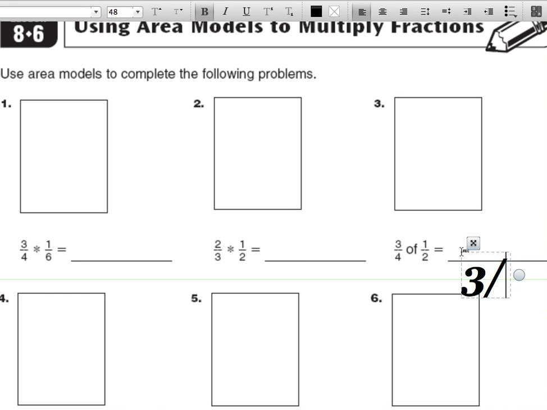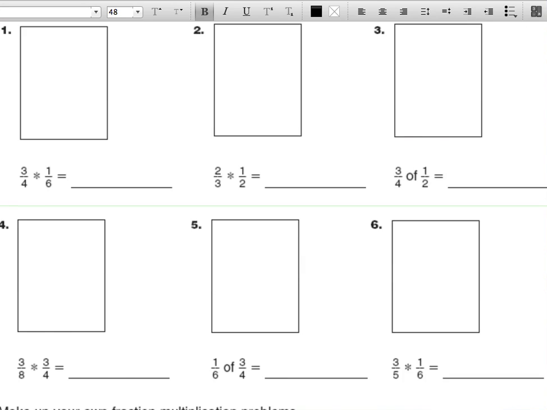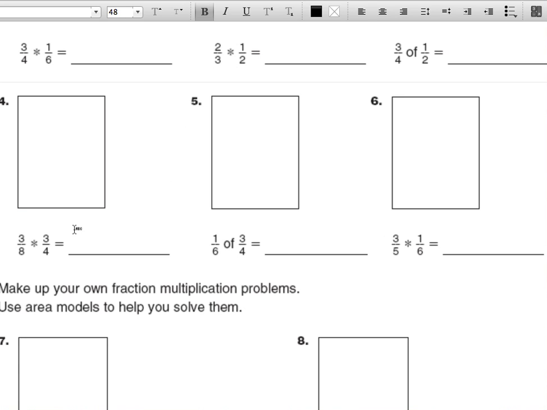This is 3/8. Looking at our example here, 9/32, and 3/24, and 3/30, which is also equal to 1/10.